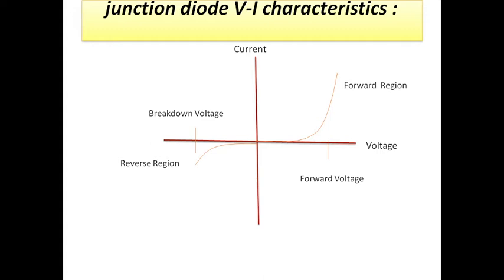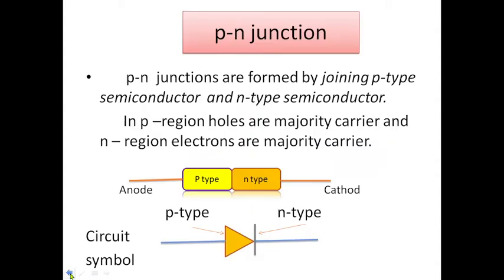As I have already discussed, the diode works only in the forward region. When the positive terminal of the battery is applied to the P side and the negative terminal is connected to the N side, then current passes through the diode.